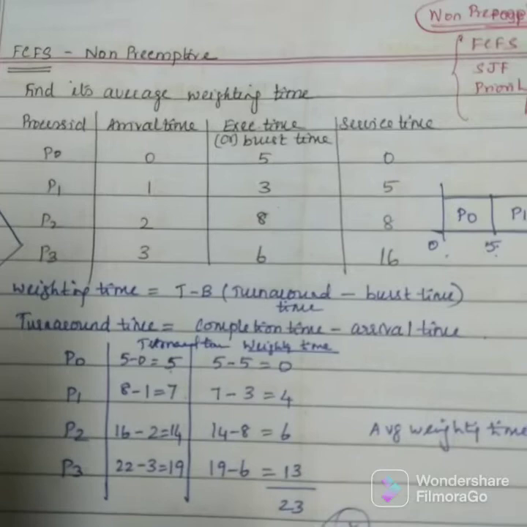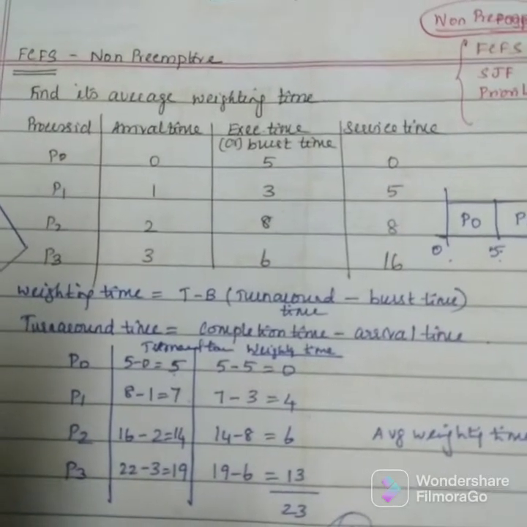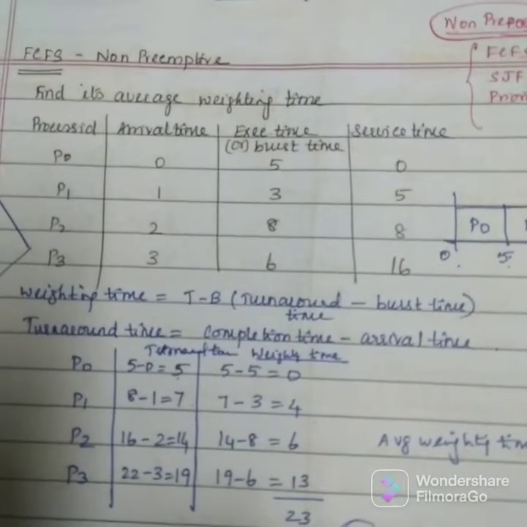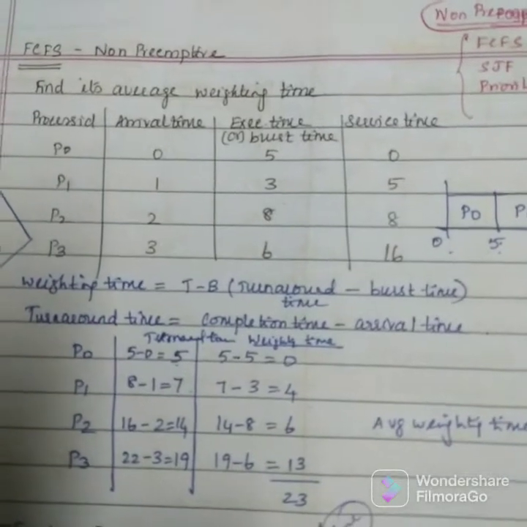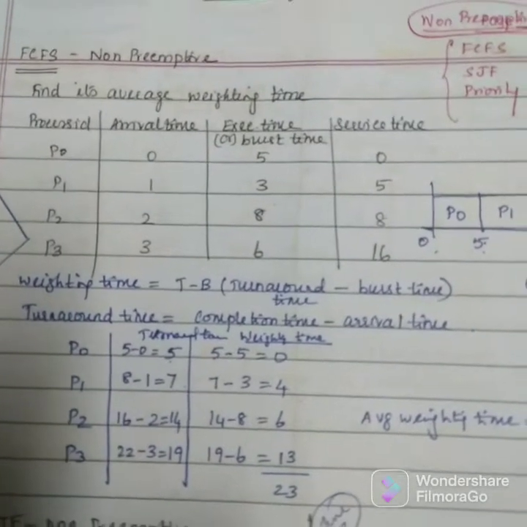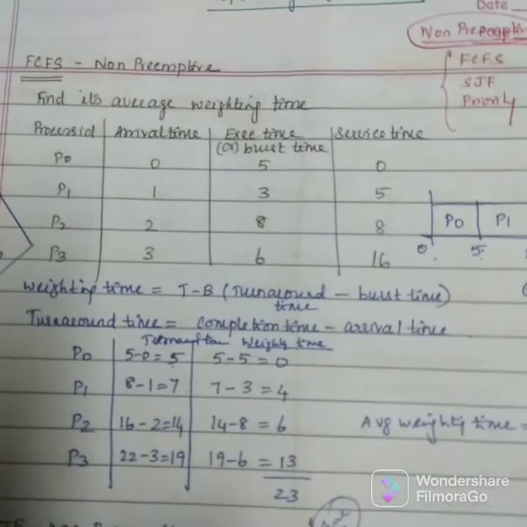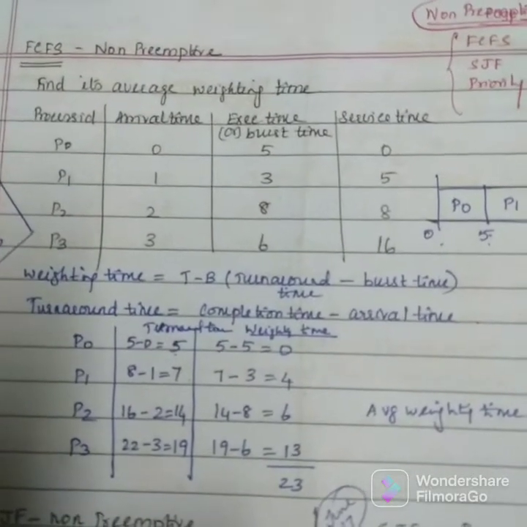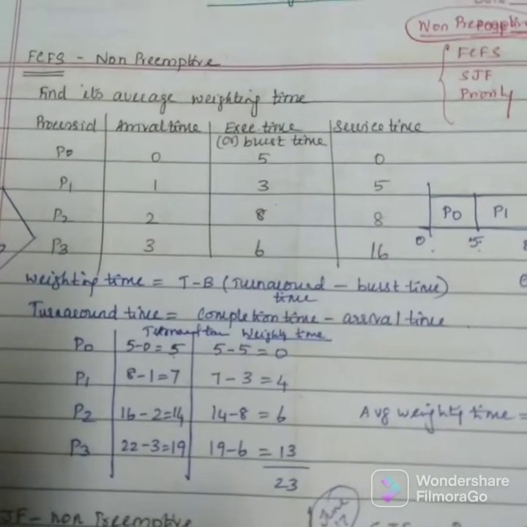That is, here nothing will be interrupted. The execution process in non-preemptive systems will not be interrupted, so it is called rigid one. Preemptive is flexible, non-preemptive is rigid.